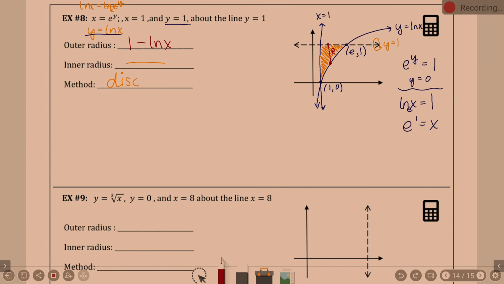And then we need to set this up. Pi times, what are my integral boundaries here? 1 to e. We want this in terms of x, so we're using our x values, and that is 1 to e.